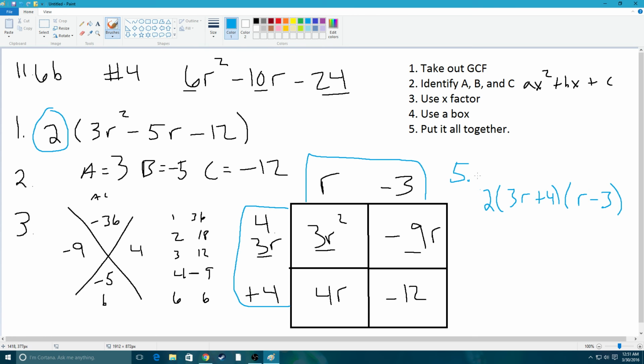So our final answer is 2 parentheses 3r plus 4 parentheses r minus 3. Hooray!